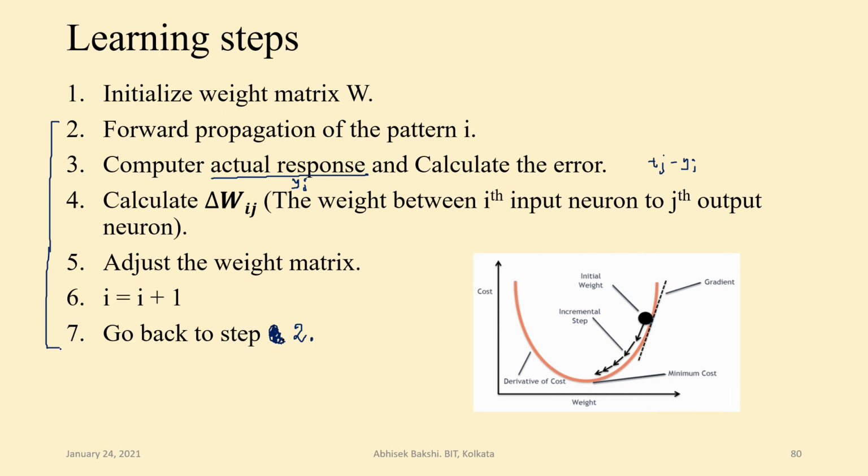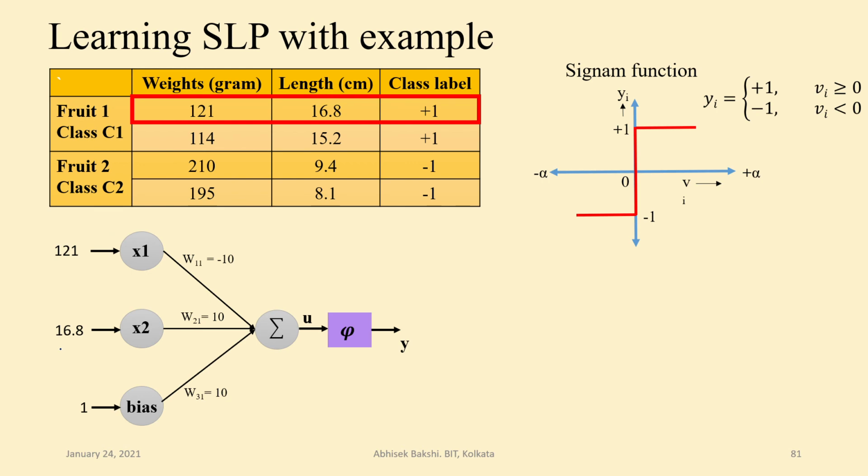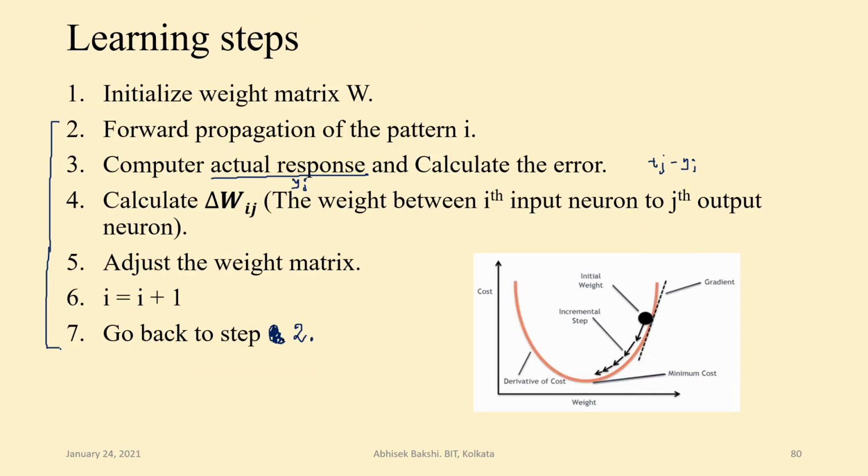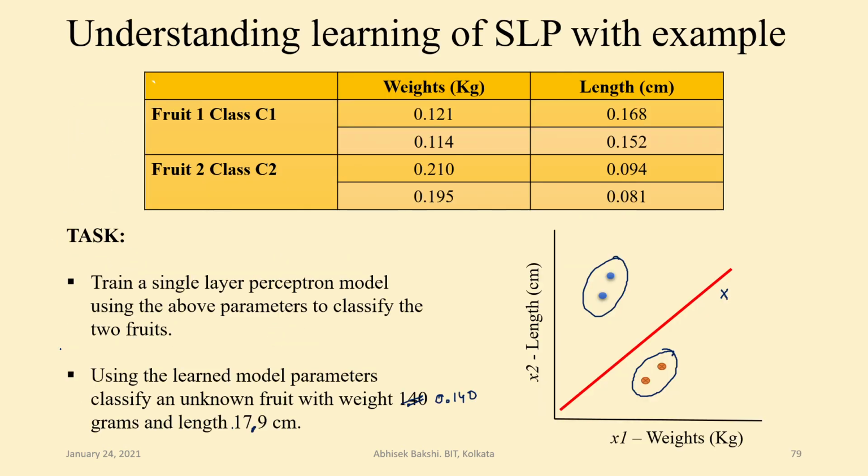So now let's take an example, something like this. By the way, one thing is missing in this particular data set. We have defined the features, but we have not defined their class labels. I'm saying that they are in fruit class C1, fruit class C2.